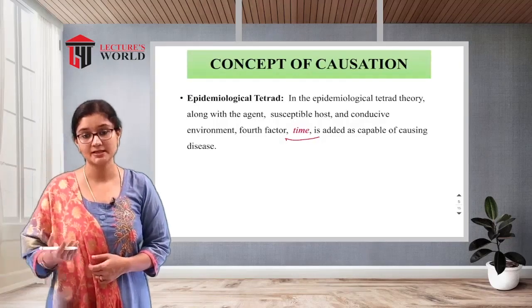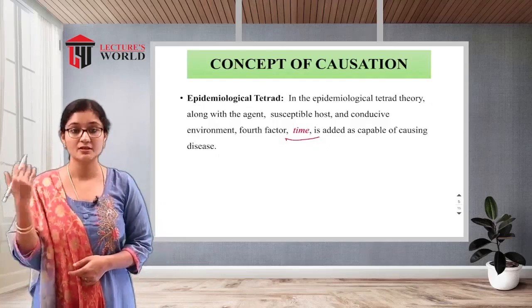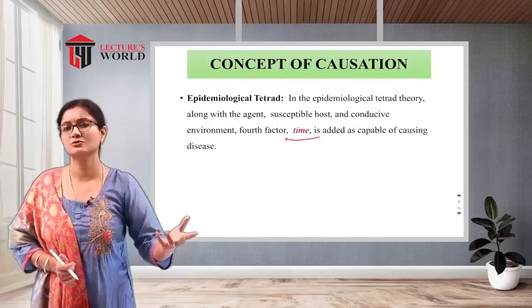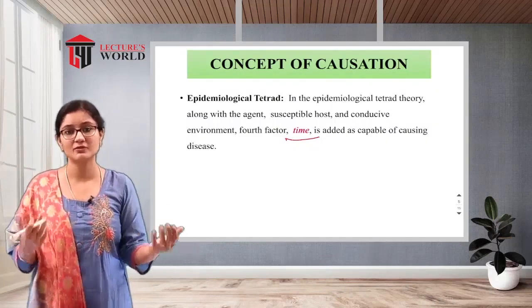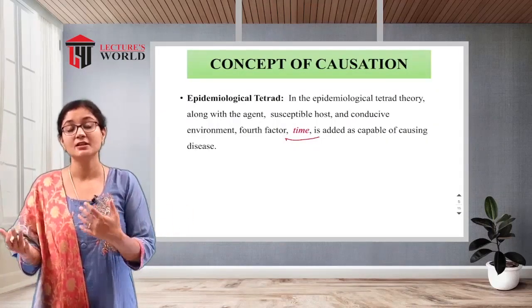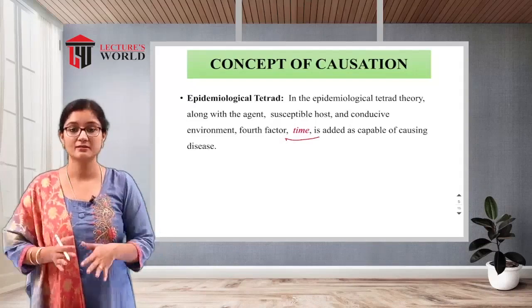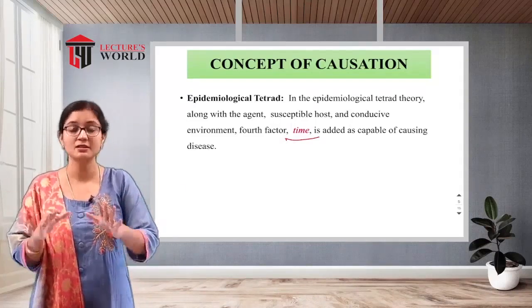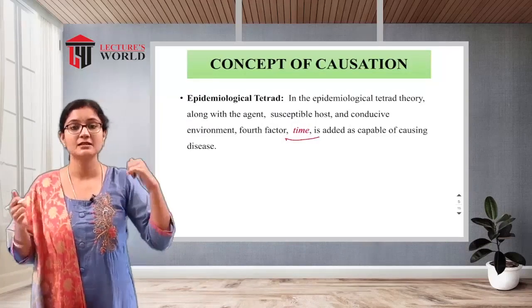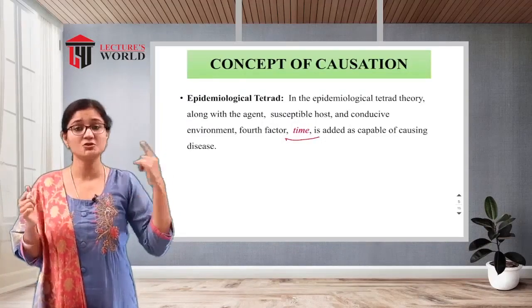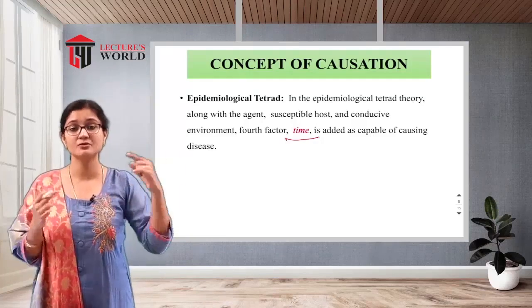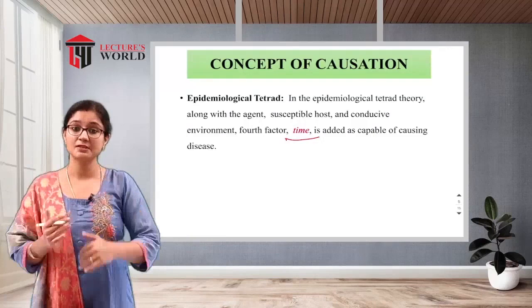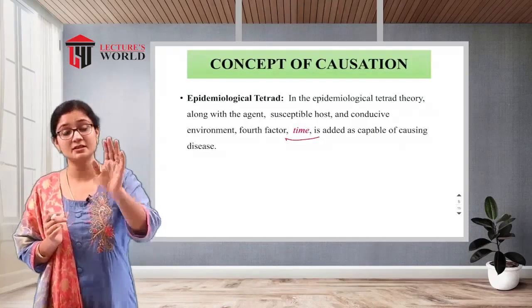Now, for example, I said that I am going and talking with a TB patient. I am just talking with him for maybe 1 minute. 1 minute is not a time period where it can cause me some disease. But if I am sitting with him and the environment also, just an example, there is no proper ventilation, no cross ventilation, the room is packed and I am sitting without a mask, sitting near him.